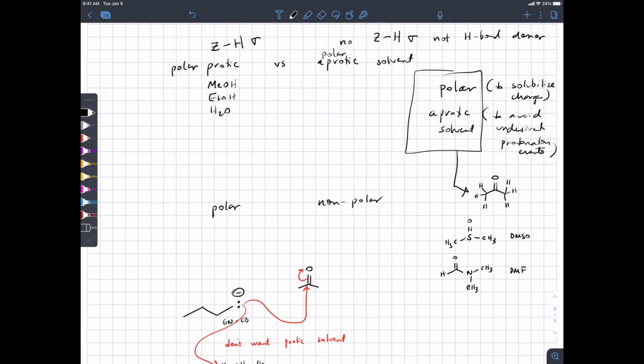It's good for you to know what polar protic versus aprotic solvents are because of what you'll encounter in 352. But it's not important right now that you worry about why polar protic solvents and polar aprotic solvents have different orders of nucleophilicity in them. You'll read in the text that, oh, if I'm in a polar protic solvent, iodide is a better nucleophile than fluoride.